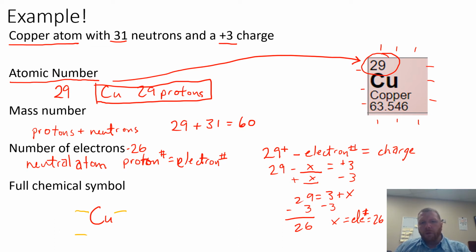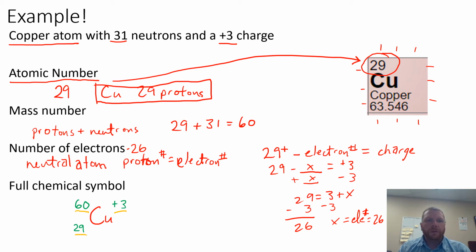Let's start with your upper right-hand corner. That's where you're going to indicate a charge. This specific atom has a charge of +3. In the upper left-hand corner, you're going to include your mass number, which for us is 60, and in the lower left-hand corner, that's going to be our number of protons, which is 29. I hope that was helpful for this problem.